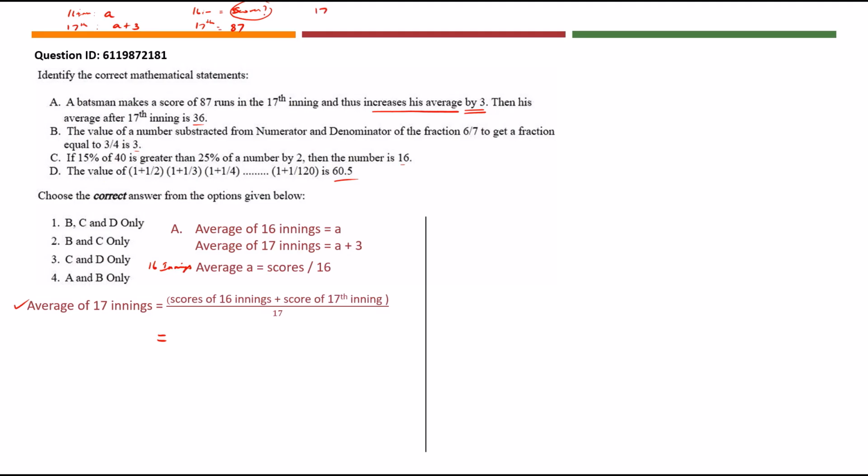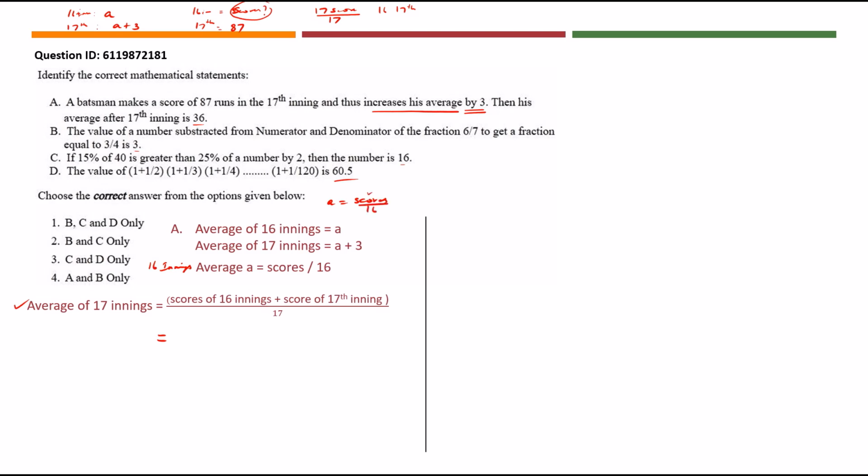So how do you find the average of 17 innings? You have to find the score of 17 innings, then divide by 17. But you have only the 17th match score, and the 16 innings score is not yet found. So how do you find the 16 innings score here? There is an equation here. A is equal to scores by 16.